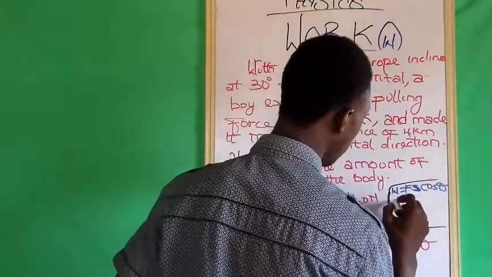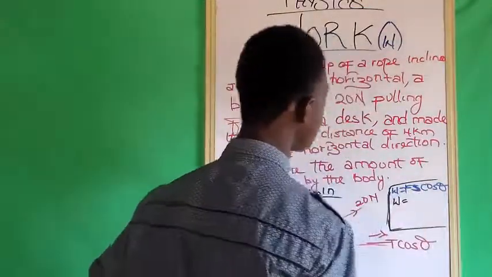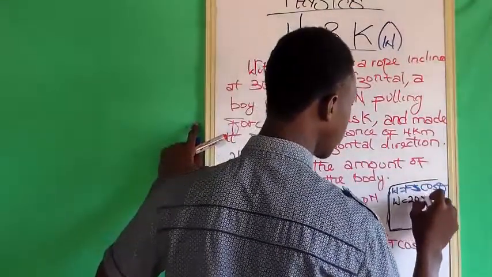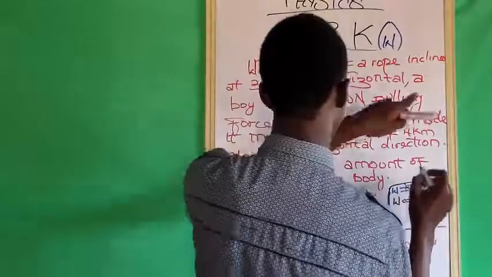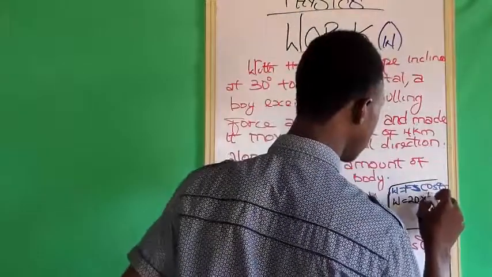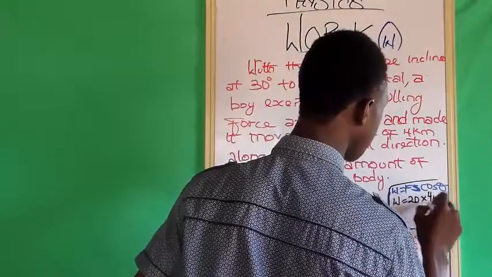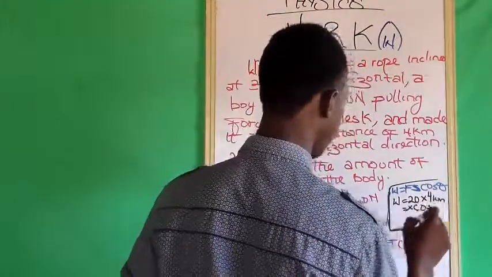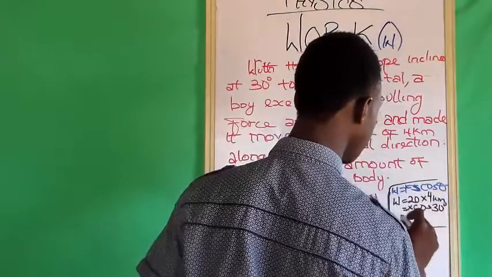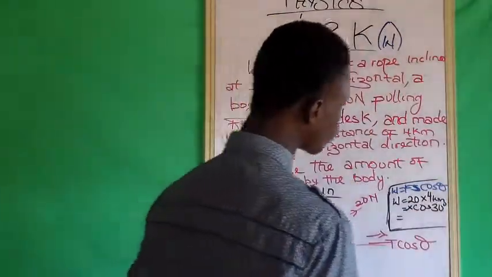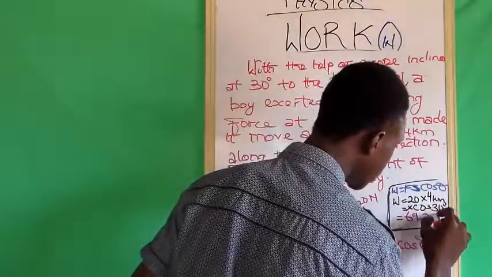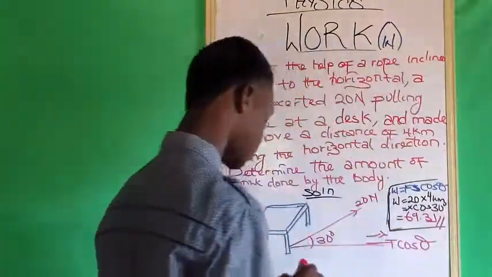Now we have our force to be 20 Newton multiplied by our distance of 4 kilometers and multiplied by cos 30 degrees. If we multiply these, we have 69.3 joules, and this is our final answer.